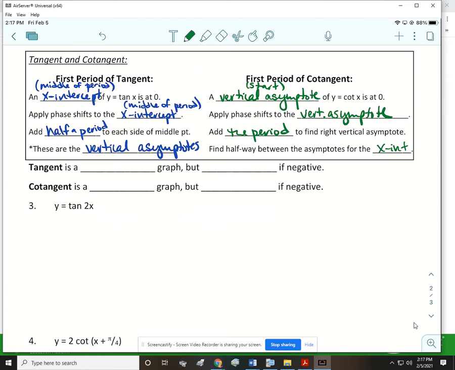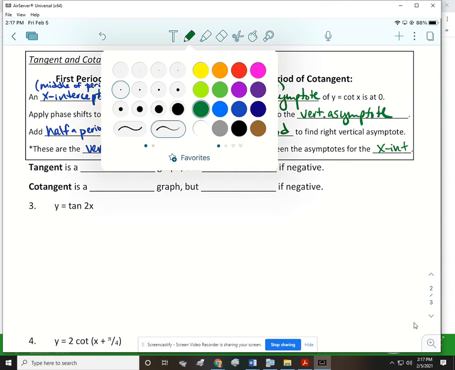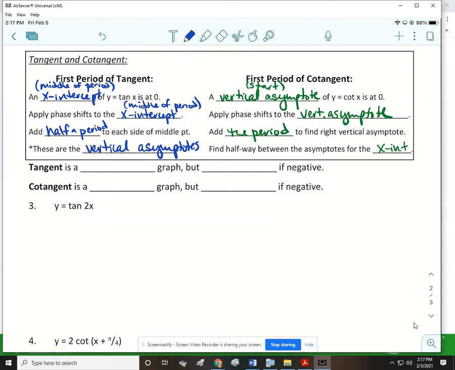Now, one thing that I do to keep these right in my mind is I say that tangent is a happy graph, because as you go from left to right, it's going up, like it's happy. But it can be sad whenever there's a negative in front.